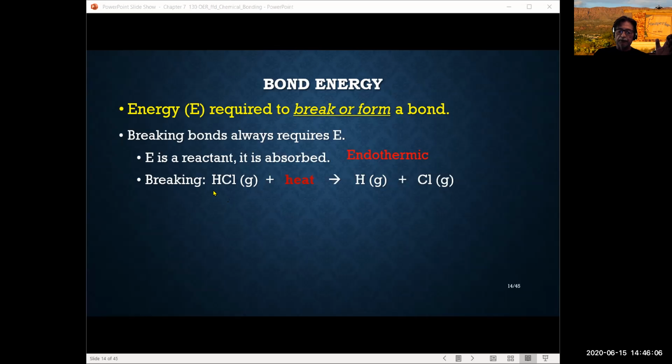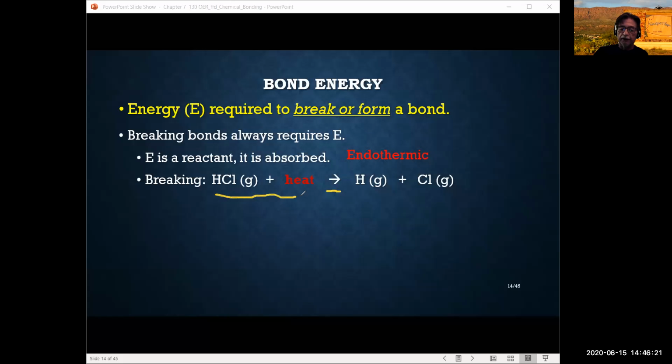This is an example of a chemical reaction. We have the arrow here. That arrow tells us that there's a chemical reaction. What we have on the left side of the arrow are what we call reactants. Those are the things that are reacting to form what's on the right hand side of the arrow, the products.